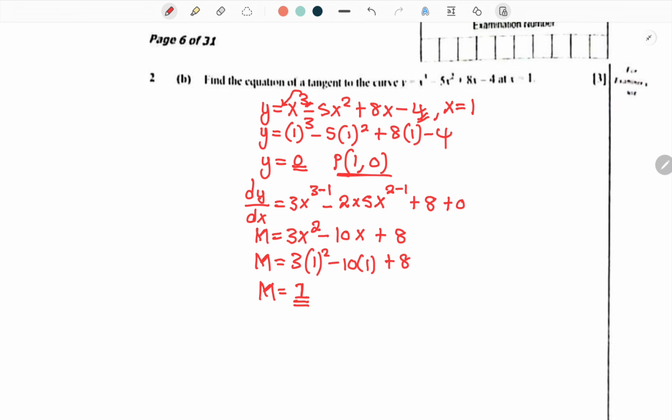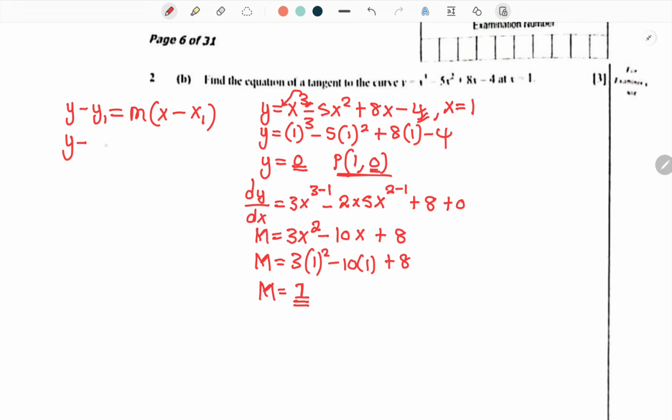Now, if this is our gradient, then we can have our equation created, because we know that y minus y1 is equal to the gradient times x minus x1. So what was our y? Our y was actually 0.